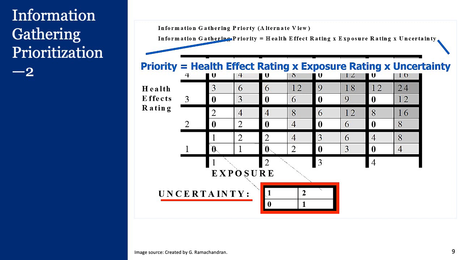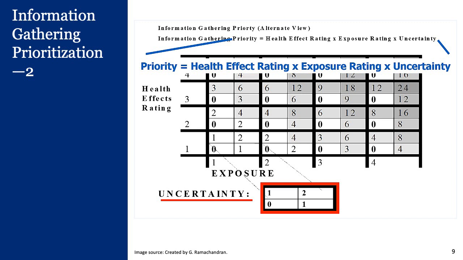So 0 corresponds to the lowest uncertainty or most certainty, and 2 corresponds to the highest uncertainty, and 1 is the medium. And so within a particular cell, if the exposure is more uncertain, but the health effects are more certain, then we would be moving along the horizontal axis within the uncertainty grid. Whereas conversely, if our health effects is more uncertain, but the exposure is more certain, we'll be moving vertically.